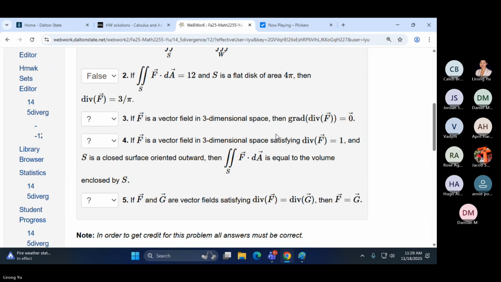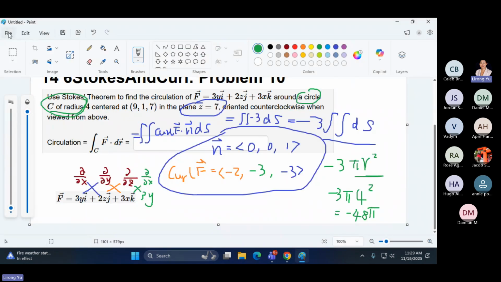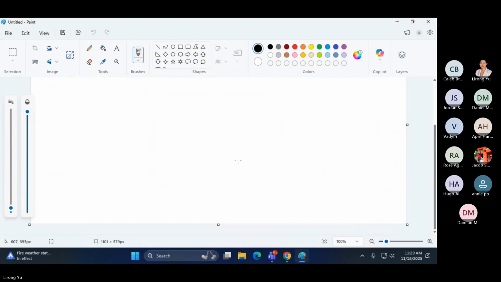Actually, this one doesn't make any sense. We can try it with a vector field and see if that's true.